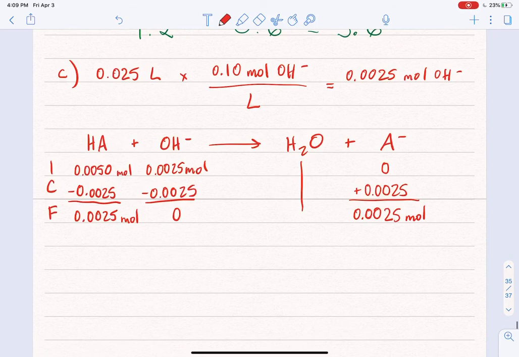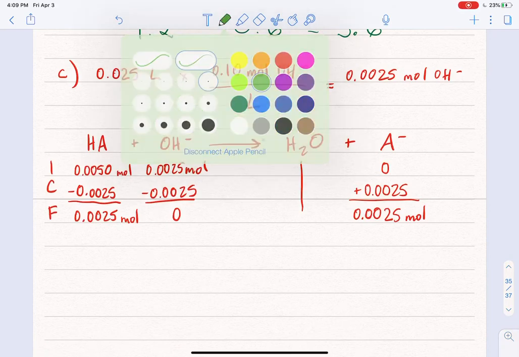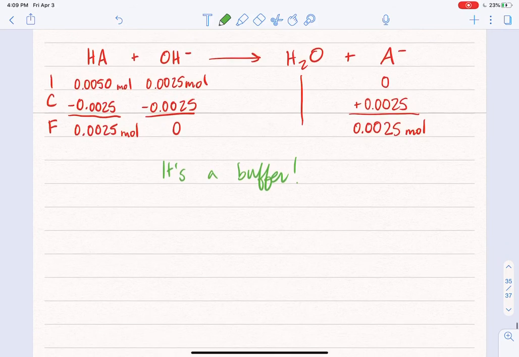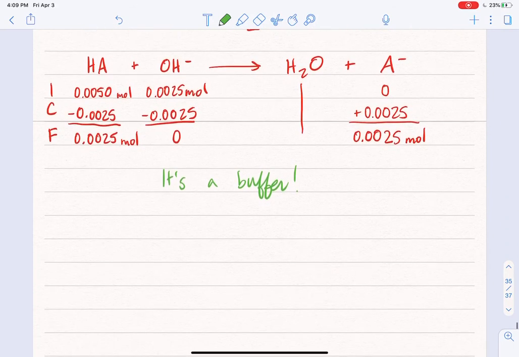So again, this is a situation where I have in solution a weak acid and its conjugate base. That is, once again, a buffer. And that means that I can use the Henderson-Hasselbalch equation to calculate the pH of it. So the pH is going to be equal to the pKa.